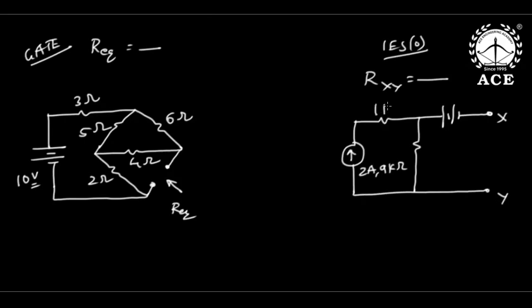This is 1 kilo ohm. This is 10 kilo ohm. This is 5 volts and 2 ohm. So these are practical sources. I want resistance between X and Y. So everyone will do these two and stop today. Everyone try to answer them.